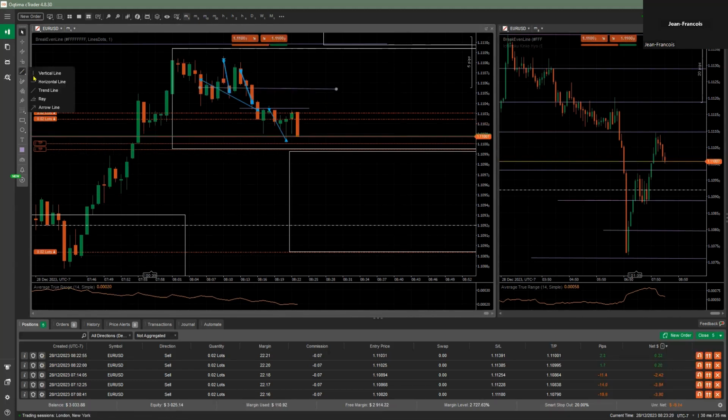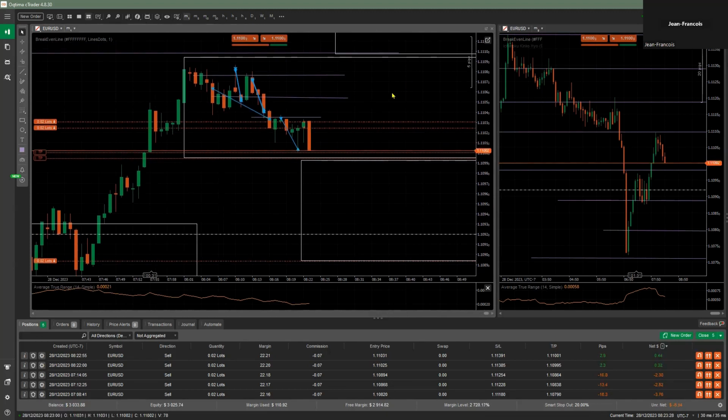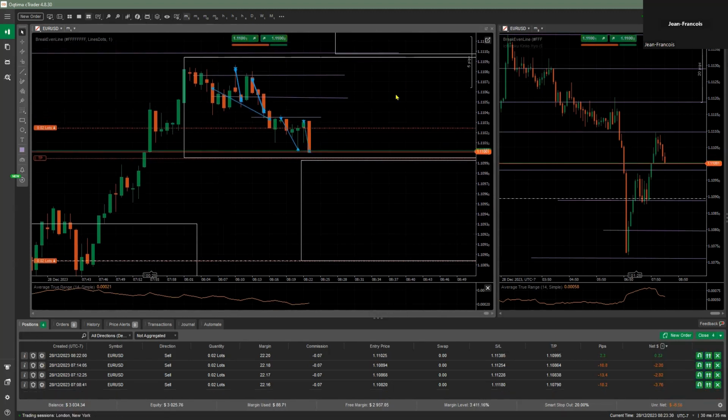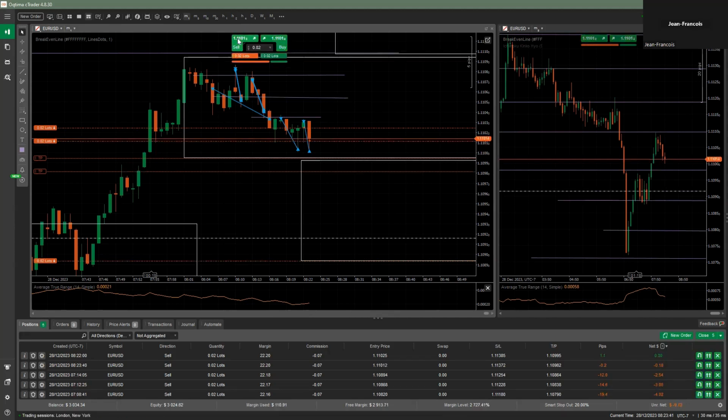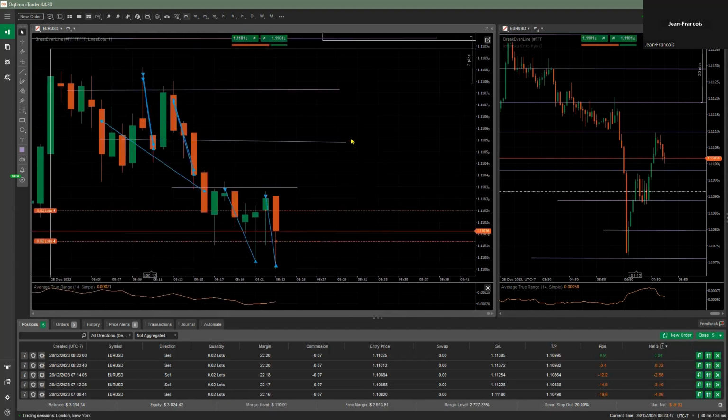And then I'll probably have another one somewhere up here. So I'm pre-planning the trades that are allowed to be here. If it pushes back up, I want to recycle that trade, something like that. So I'm selling the rejection.